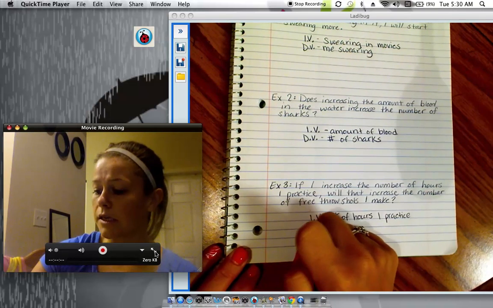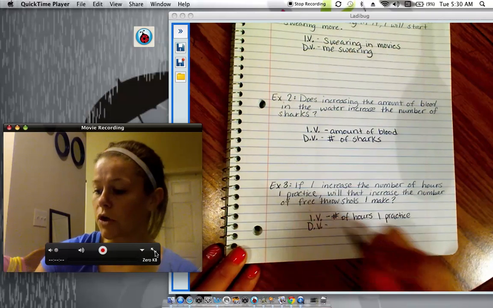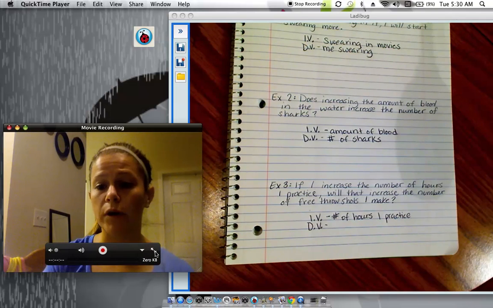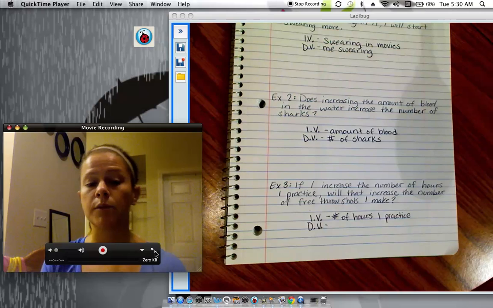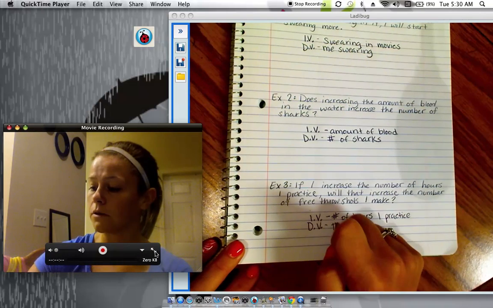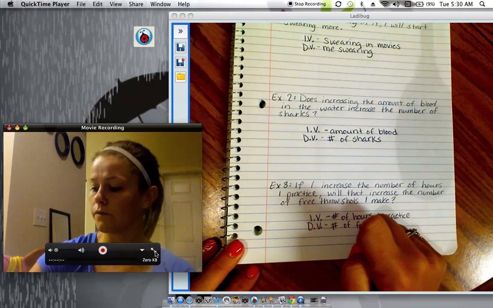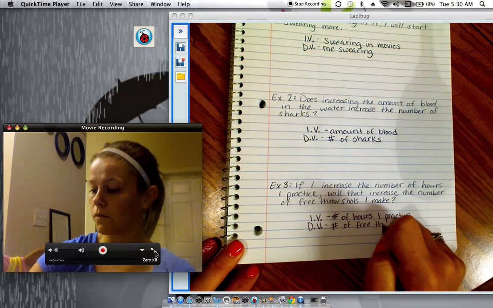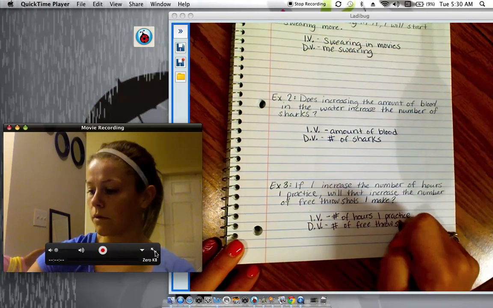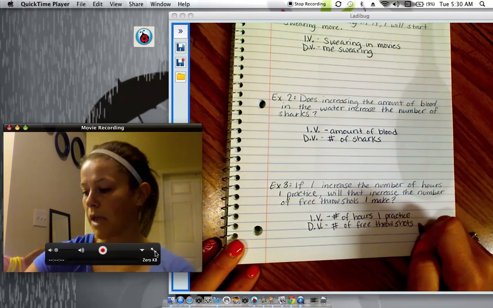And the dependent variable, so what depended on the number of hours you practice, it's going to be the number of free throw shots made.